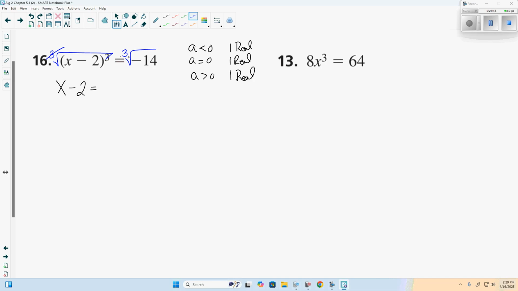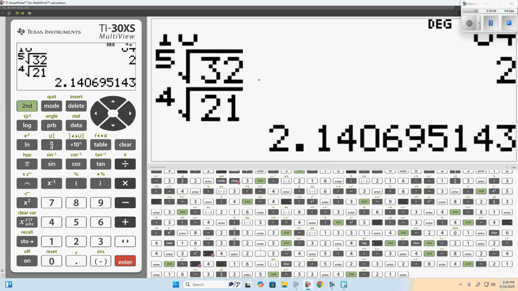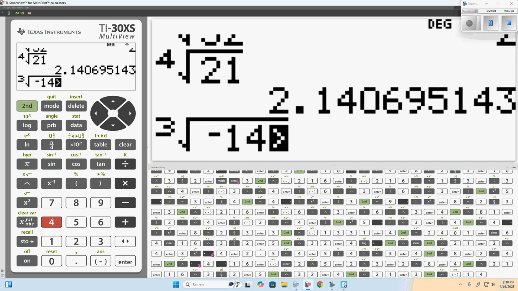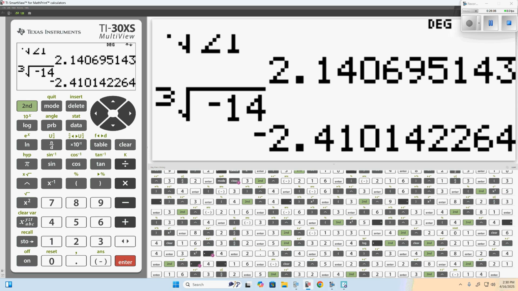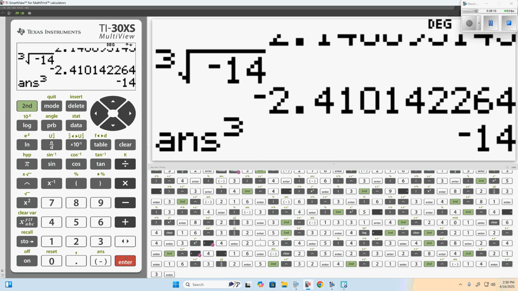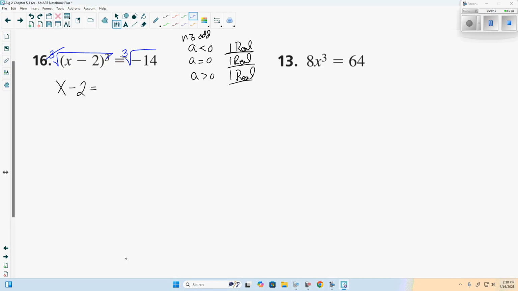This is odd, so when n is odd, we always have one real root. Now, I have a feeling there is no cubed root of this, or at least that's not a nice number. But it is possible to cube it and get back to negative 14. We can take the odd root of a negative number.